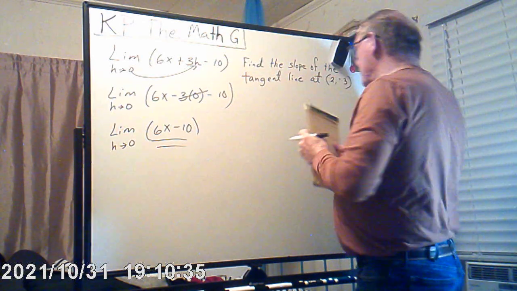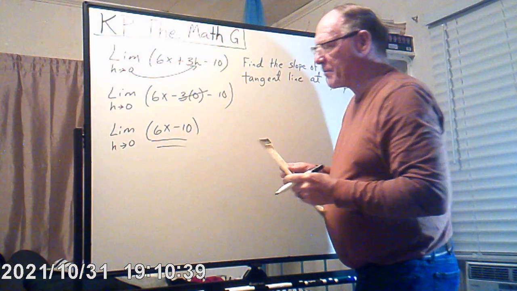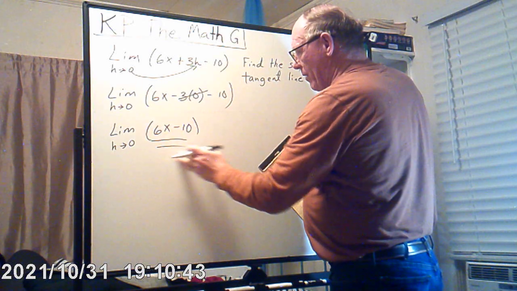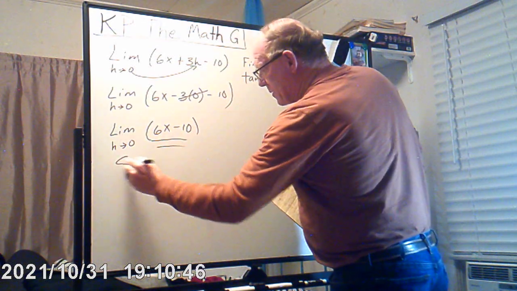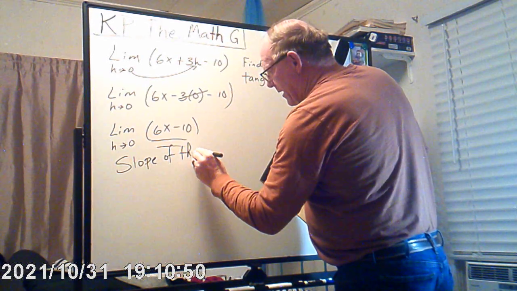Okay, x is 2, y is negative 3. All you have to do now, this represents the slope of the tangent line.